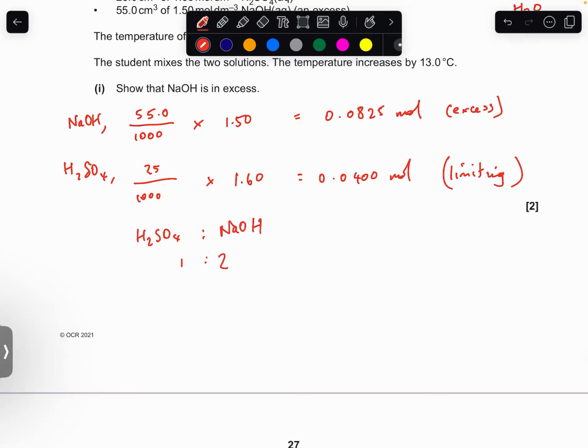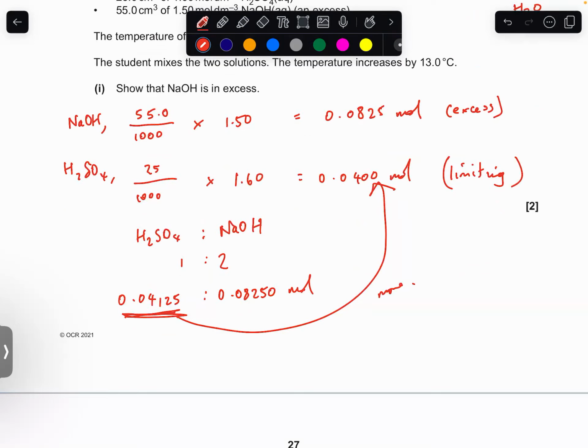So if we look at NaOH, which is 0.0825 moles, this will react with 0.04125 moles. And you can see that it reacts with more than the sulfuric acid that is present. That's why it is in excess.